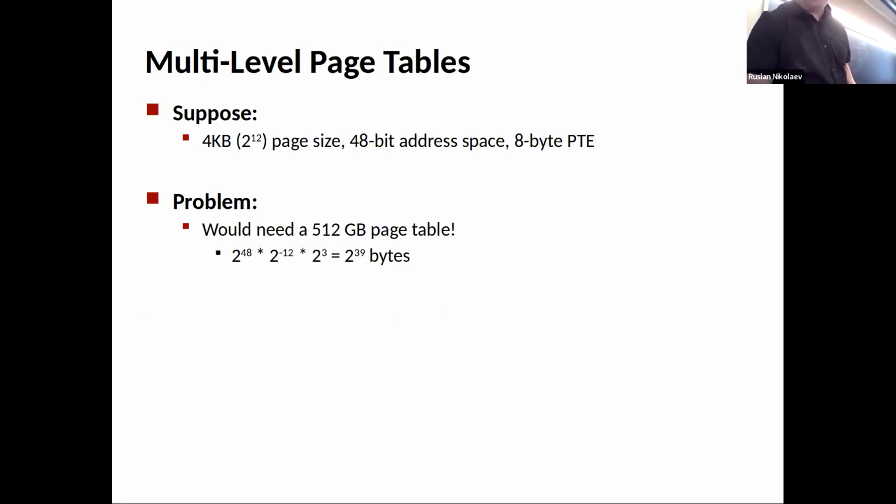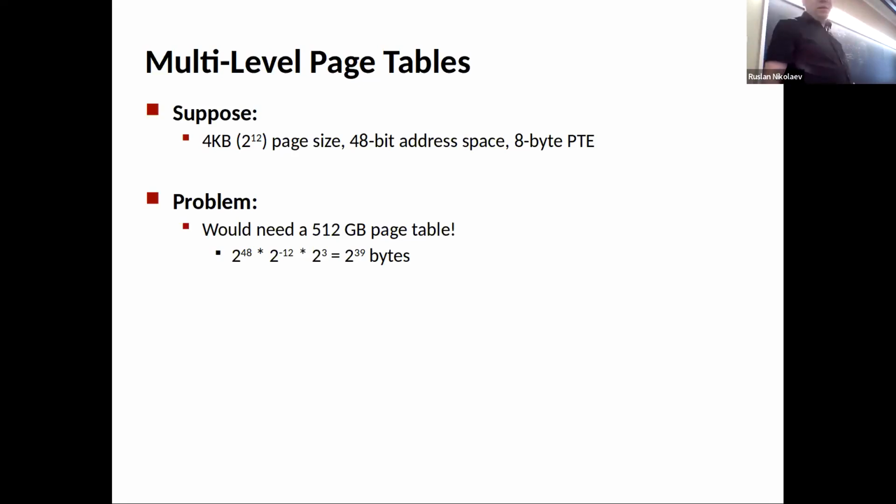Typically in 64-bit processors, we don't actually have the entire 64-bit virtual address space. Most computers that we have only implement a 48-bit virtual address space, sometimes a little bit more, but not entirely 64-bit. Still, let's assume we have a 4 kilobyte page, 2 to the power 12, a 48-bit virtual address space, and an 8-byte page table entry. It's 8 bytes as opposed to 4 because the physical page number has to be larger.